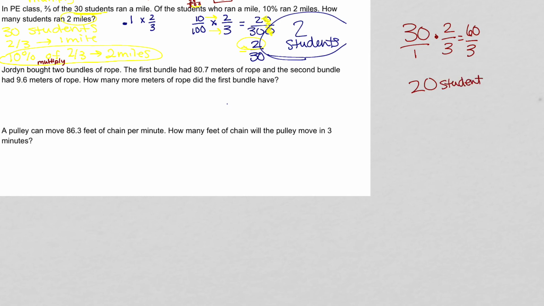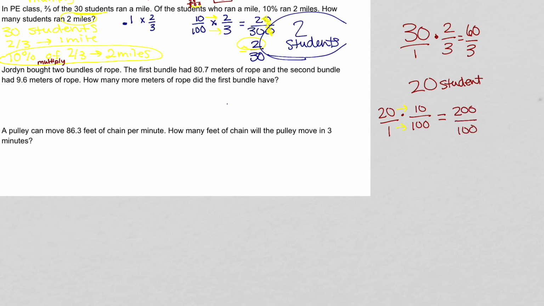So I know that 20 students ran a mile. And then we know that of those that ran a mile, 10% ran 2 miles. So I've got 20 students times 10%, which is 10 over 100. If I multiplied that straight across, I would end up with 20 times 10 is 200 divided by 100.